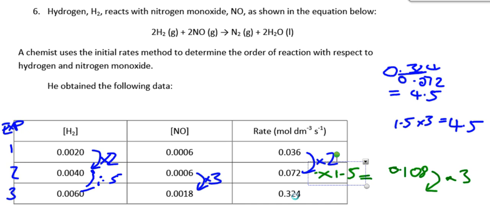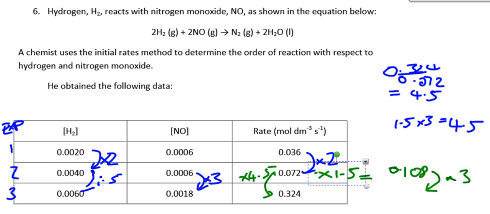Check it just to make sure, but I'm fairly certain that 0.108 times by 3 equals 0.324, which is the same as timesing by 4.5, which is what we worked out just a little bit earlier on.